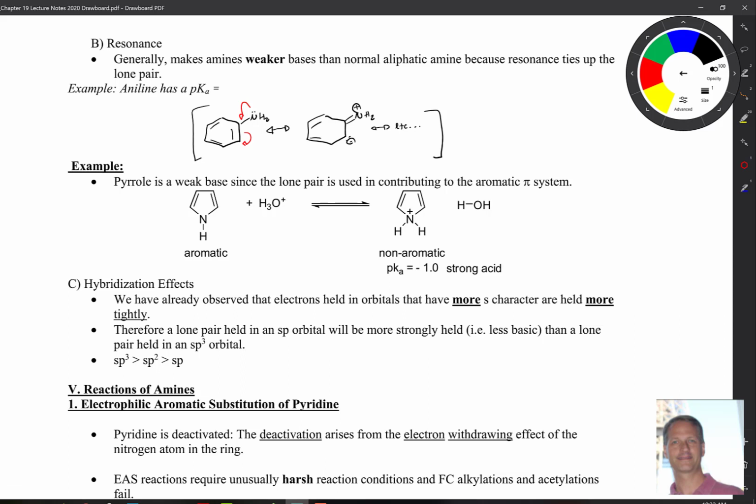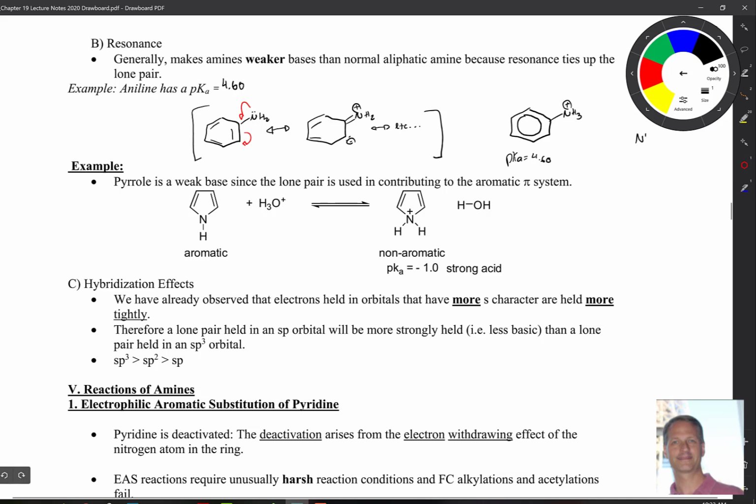Now, because that lone pair is tied up in resonance in that ring, it simply makes it a little bit less available. So the pKa of this is 4.60. And when we're talking about that, we're looking at this NH3 plus. So that is a stronger acid with a pKa of 4.60.